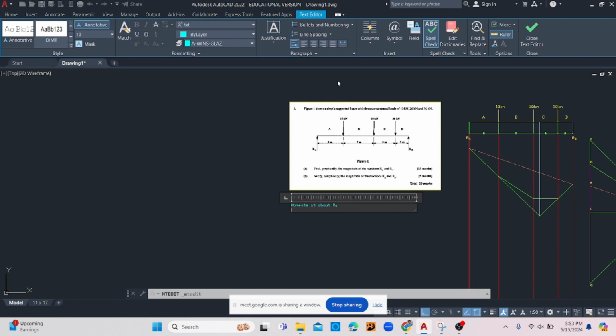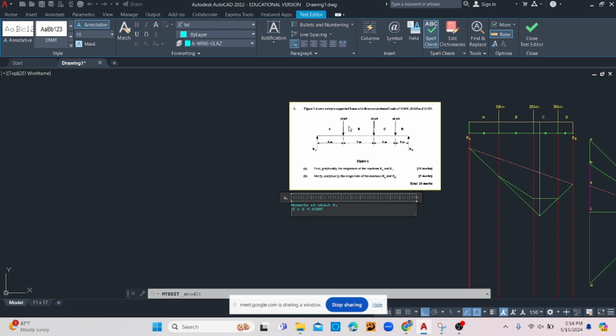Starting with the 10 kilonewton, we multiply the load by the distance, which is 6 meters. So 6 times 10 is 60, aka 60,000.